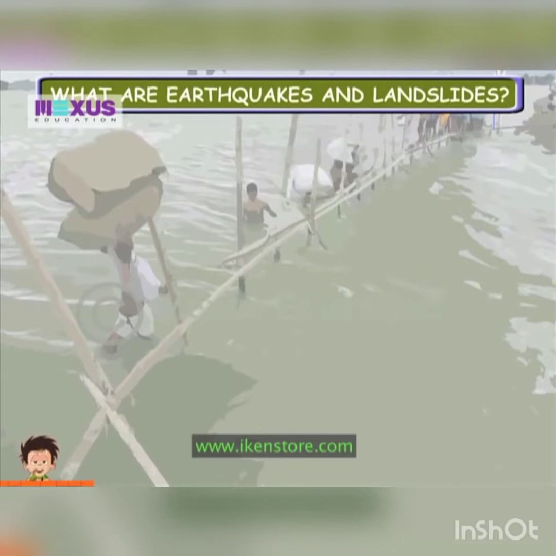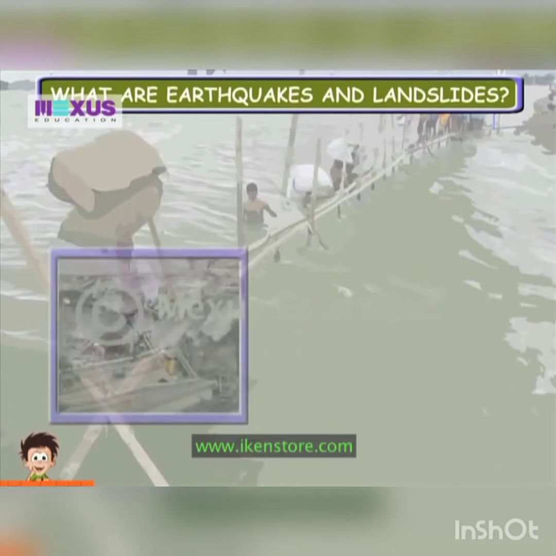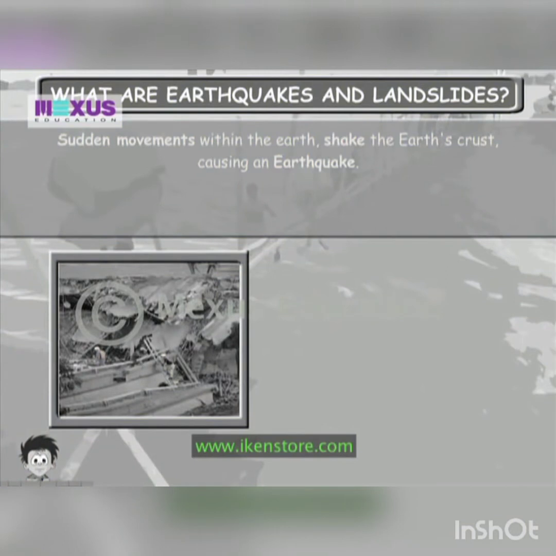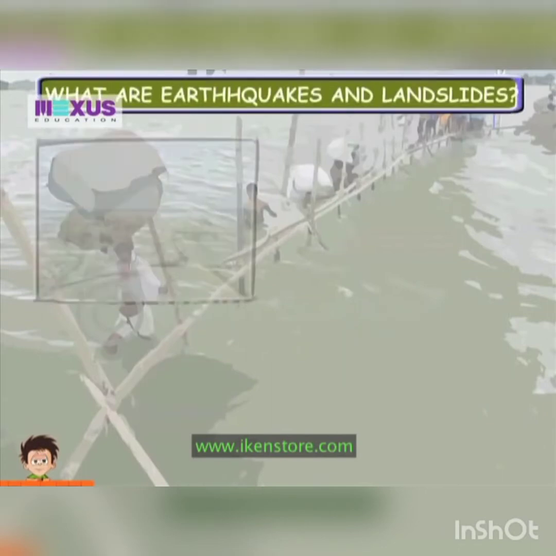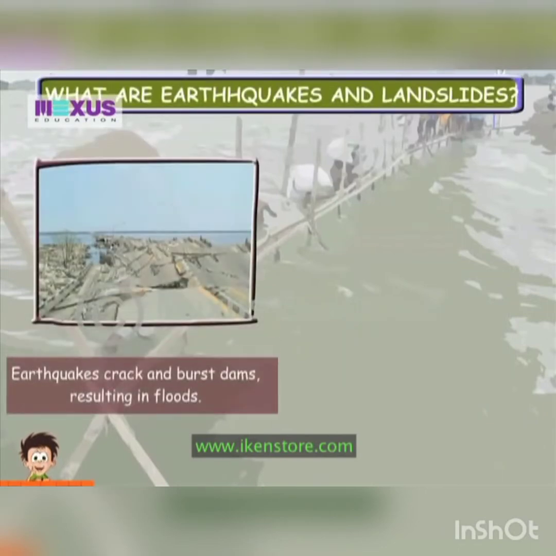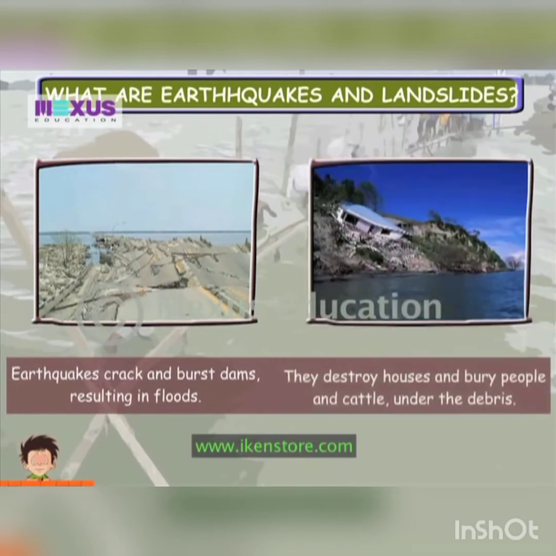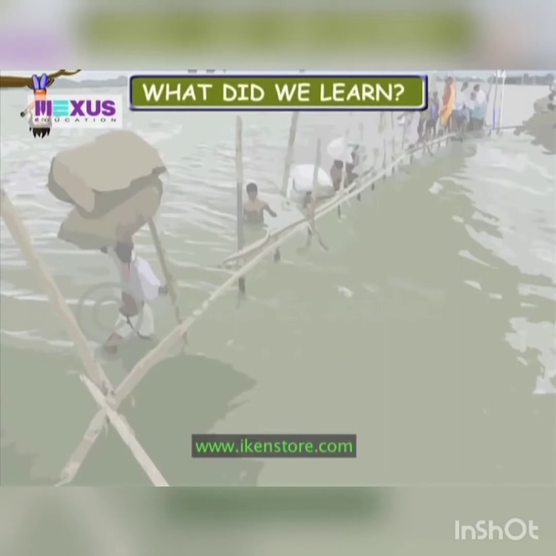What are earthquakes and landslides? Sudden movements within the earth shake the earth's crust, causing earthquakes. When a large amount of earth and rock fall from high mountains to a valley, it is called a landslide. Earthquakes crack and burst dams, resulting in floods. They destroy houses and bury people and cattle under the debris. What did we learn?